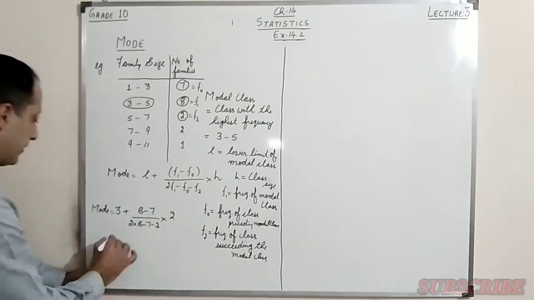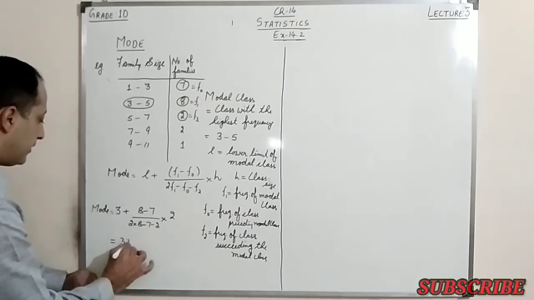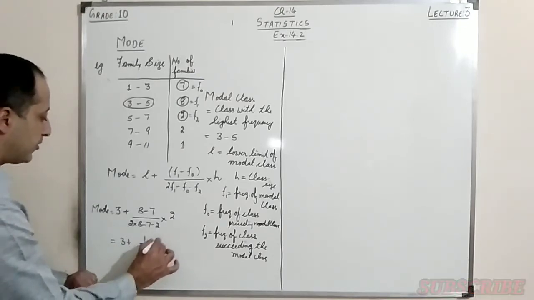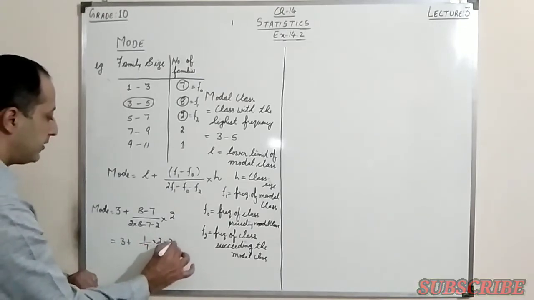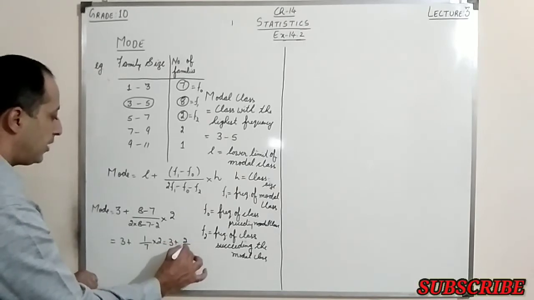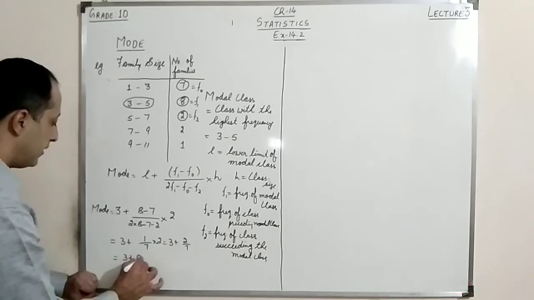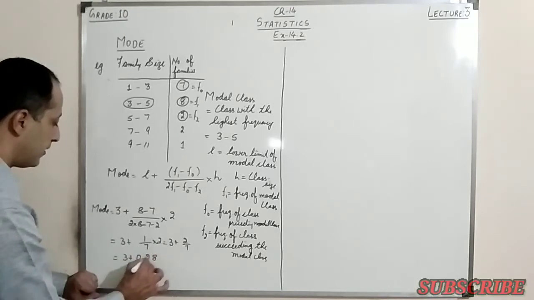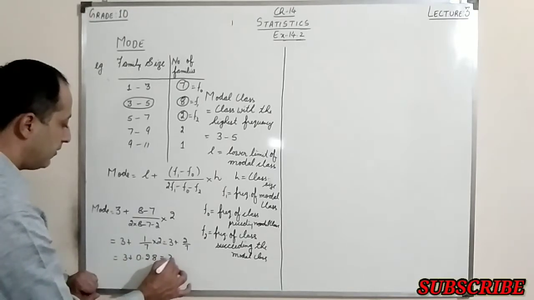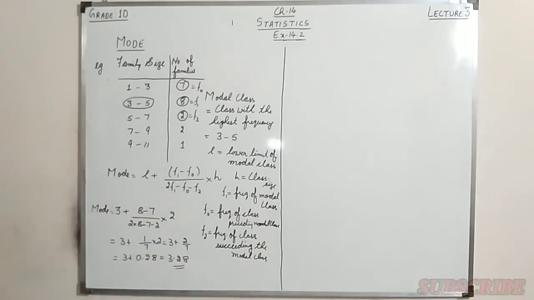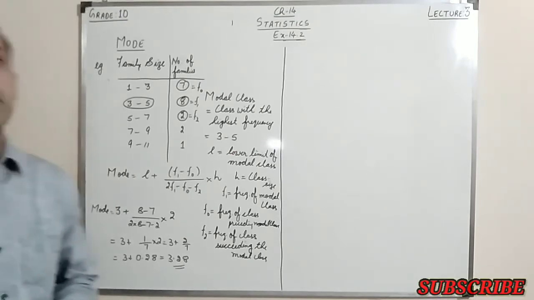So this is 3 plus 1 upon 16 minus 9, that is 7, times 2. So that is 3 plus 2 divided by 7, and 2 divided by 7 is 0.28. So this gives us the value of the mode as 3.28. So this is how we can find the mode in a grouped frequency table.